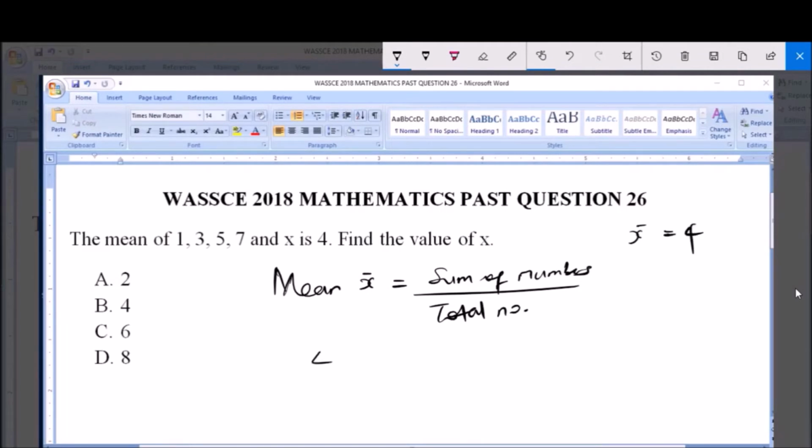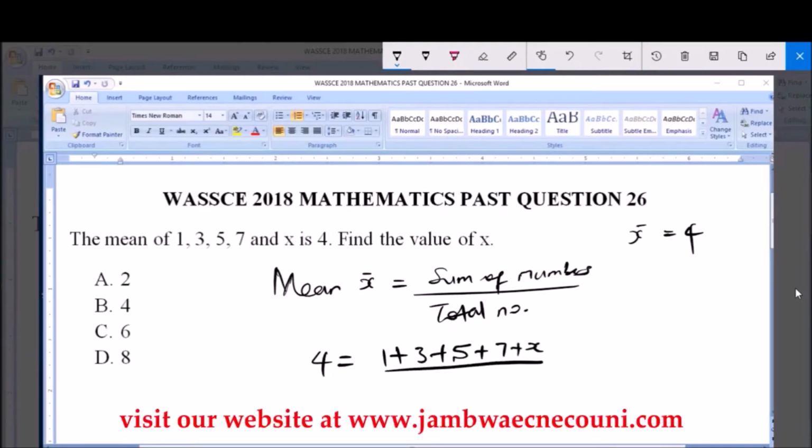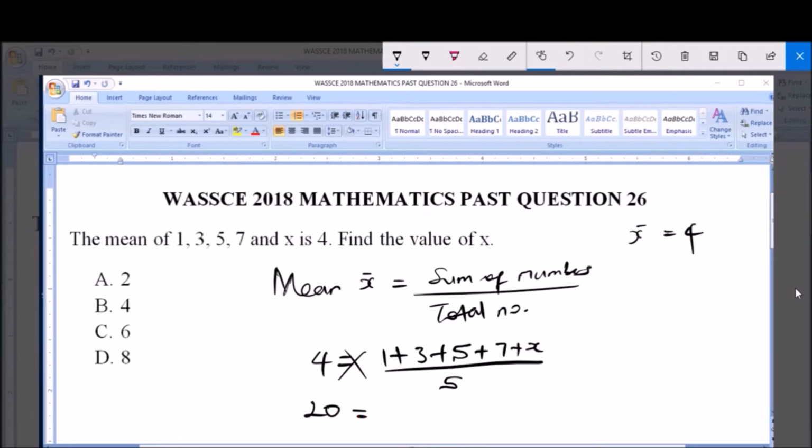So therefore 4 is equal to 1 plus 3 plus 5 plus 7 plus x all over 5. Now when we cross multiply, we have that 20 is equal to 1 plus 3 will give us 4, plus 5 will give us 9, plus 7 will give us 16, plus x. So from here we can say x is equal to 20 minus 16, which is equal to 4.